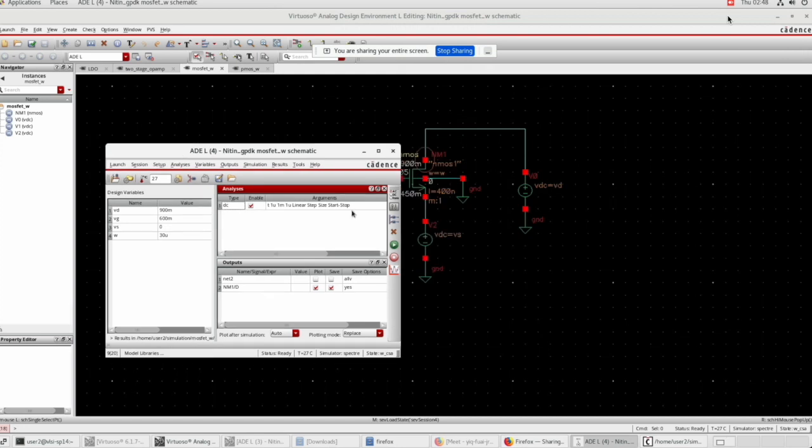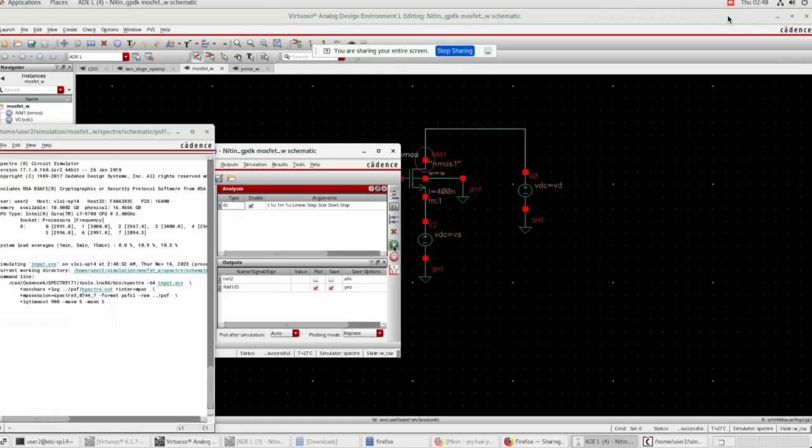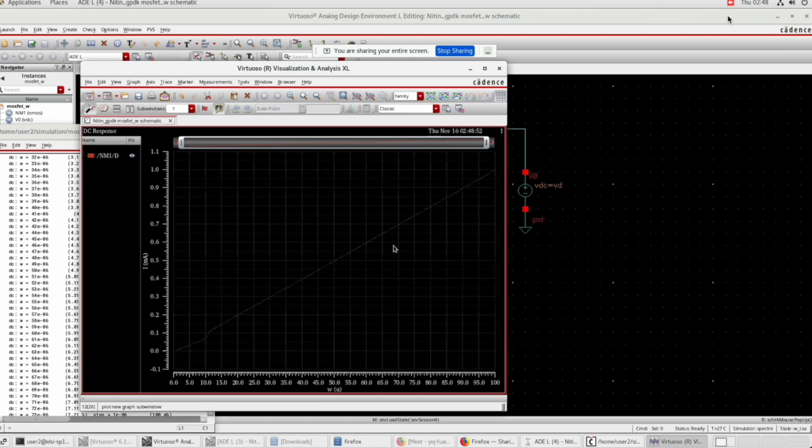If I simulate it, the current through this is around 300 microamperes, that is 60 into 5. So for around 300 microampere, the W of the MOSFET is around 30 micrometer. So from this, I fix the W of this MOSFET to be 30 micrometer.